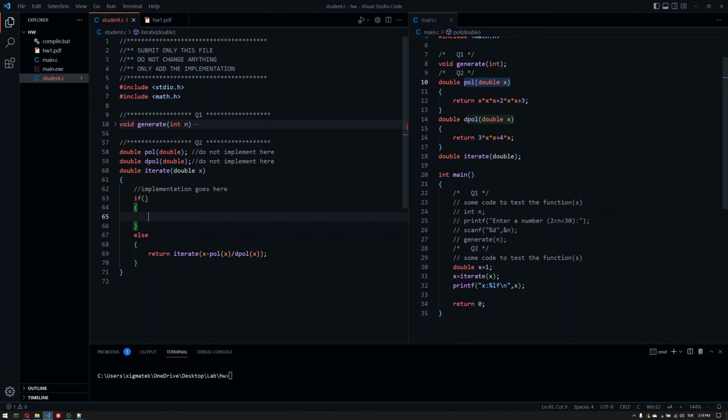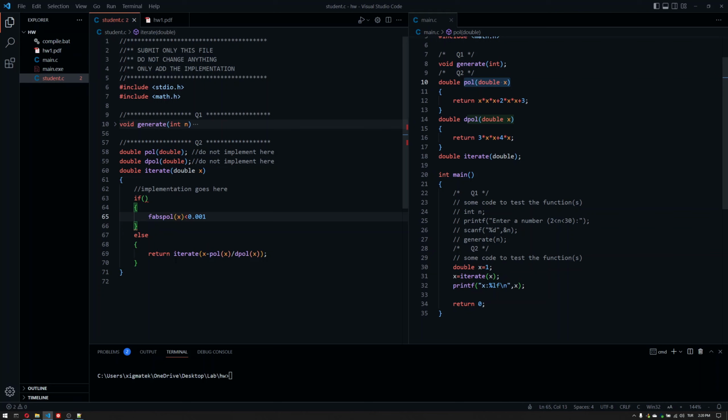So what we can do is use pol of x at this point and see if this value is small enough. It could be positive or negative, so you might want to use an interval like minus 0.01 to 0.01. In this interval, I'm okay with it. This would be a certain error, but you could be okay with that, or you could be a bit more precise. Or you can use the absolute value, which is basically the same.